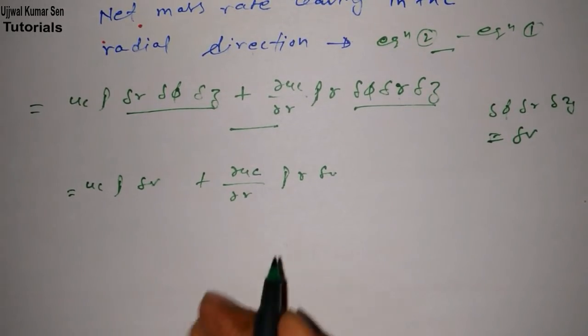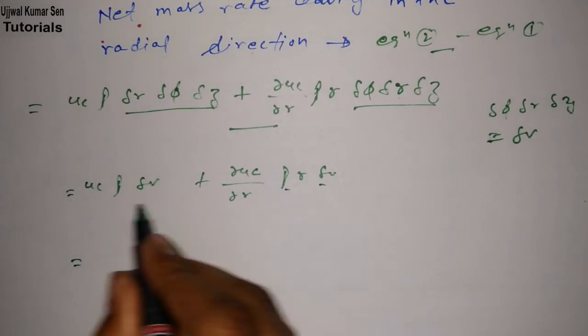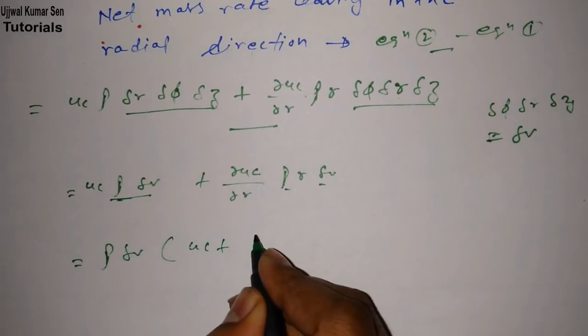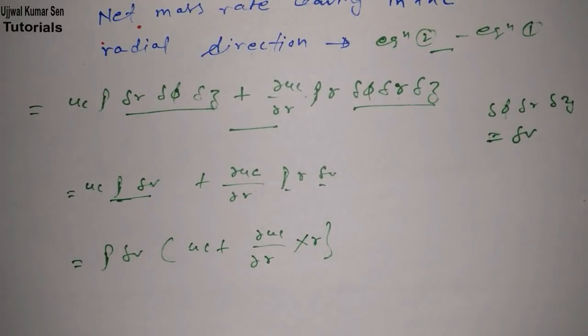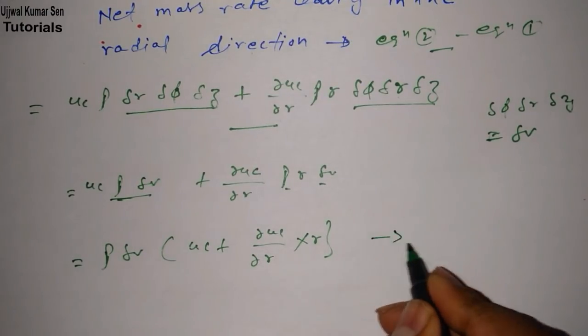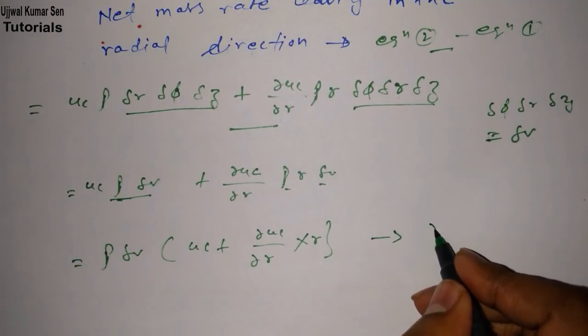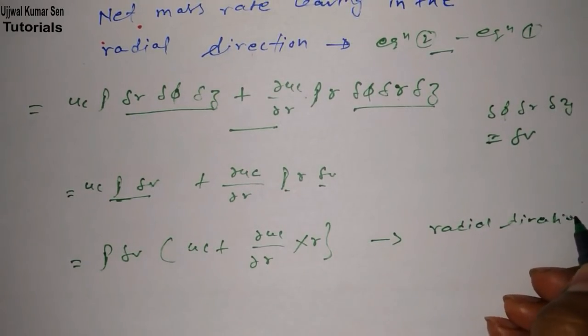Now we can take these things common also. So rho curly v, curly u_r by curly r into r. So this is the thing we get in case of the radial direction. So for the radial direction we are getting this, right?